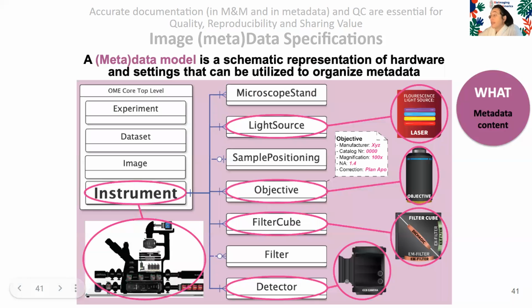I won't show you all the technical aspects of these specifications, but they are basically organized in a metadata model, which is a schematic representation of the hardware and the settings that can be utilized to acquire an image. For example, in this case, we have an instrument that has a detector, and then we have information about each of these components, for example, information about the detector, information about the objective.